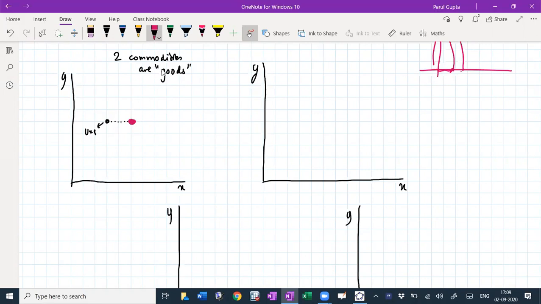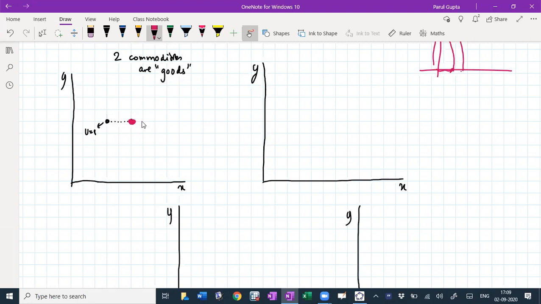If both commodities are goods, that means if I get more of that commodity, I will be happier. The difference between these two points is that the red one has more of X and the same amount of Y compared to the black point. So am I happier at the red one or at the black one? Red. You're happier at the red one.